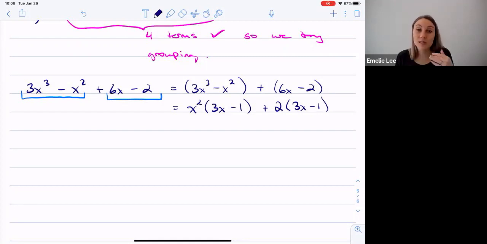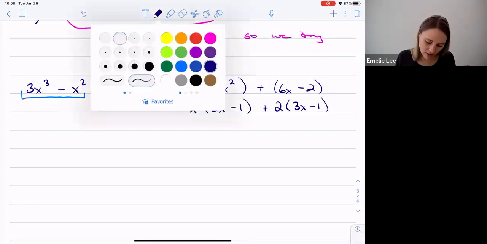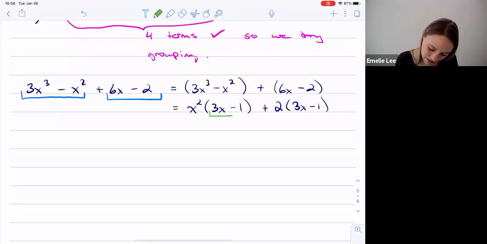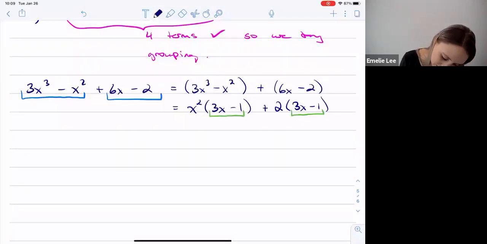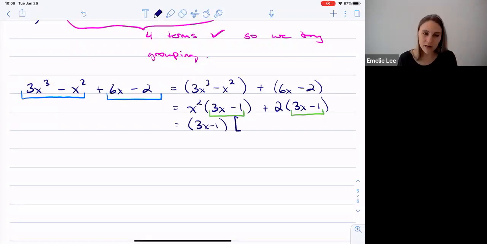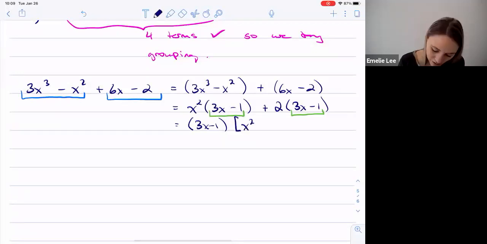Now, what's not obvious right away is that you've got this common multiple of 3x minus 1. So I'm going to factor the 3x minus 1 outside, and what that becomes is 3x minus 1, and then I'll use square brackets just to emphasize that that's all times x squared plus 2.